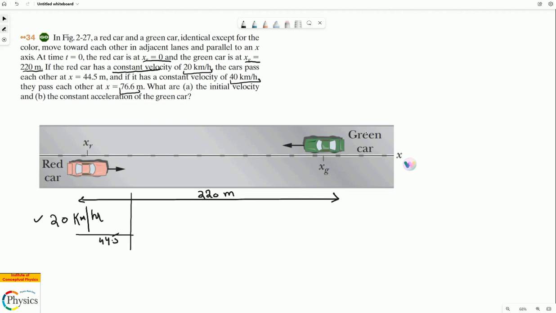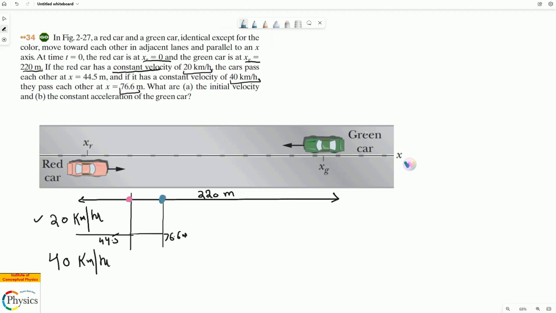If the velocity of the red car is 40, then the meeting point changes to some later point, here, at 76.6 meters. The velocity of the red car here is 40 kilometers per hour. Makes sense? So you have two meeting points depending on the velocity you have: meeting point number one and meeting point number two. I'll just show the meeting point number two with this, okay?